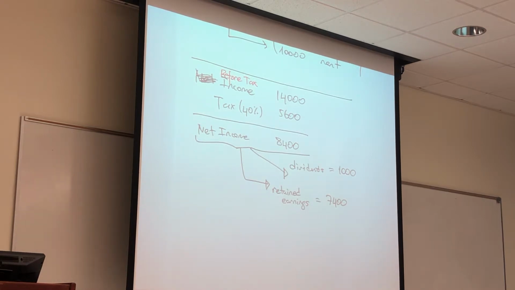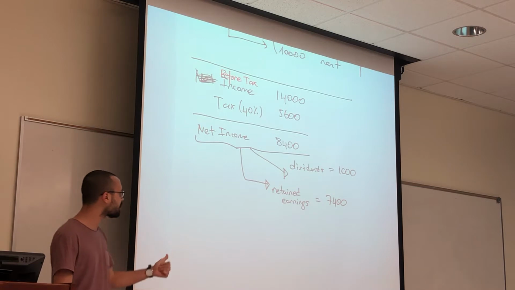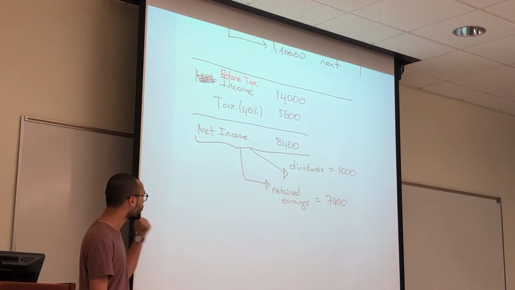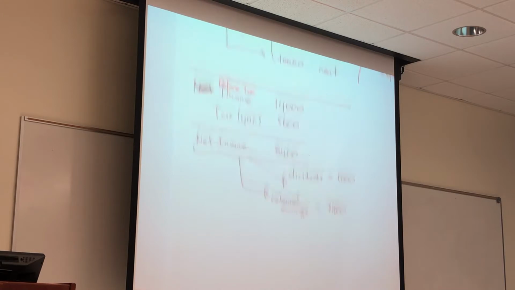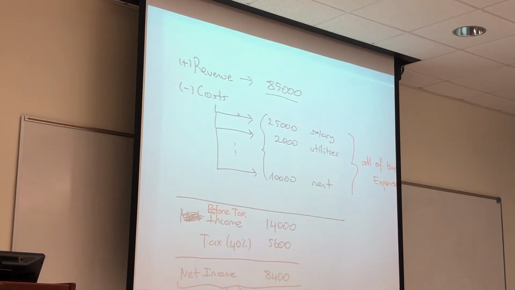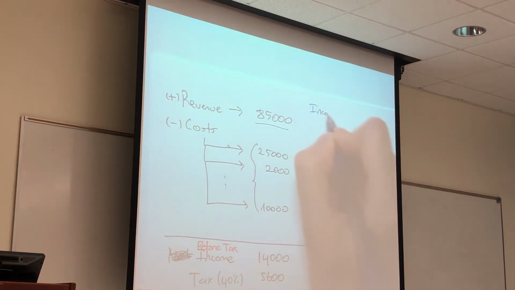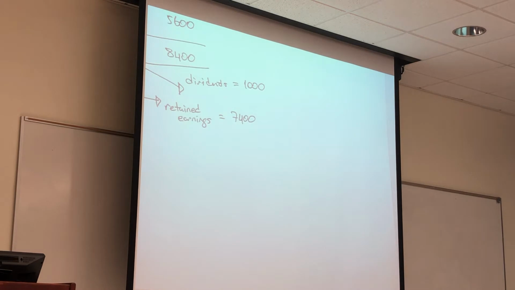So net income will go to two places, either dividends, if there are any, or retained earnings. So this is our income statement. This is page 2.